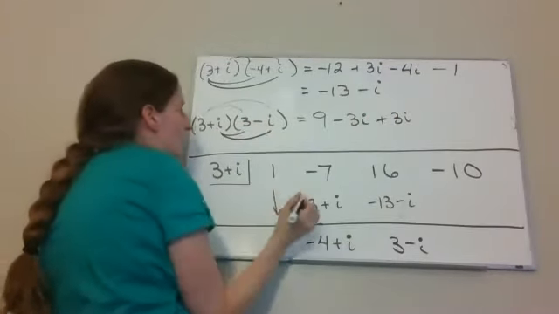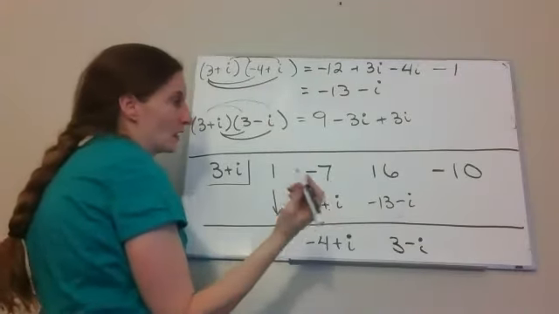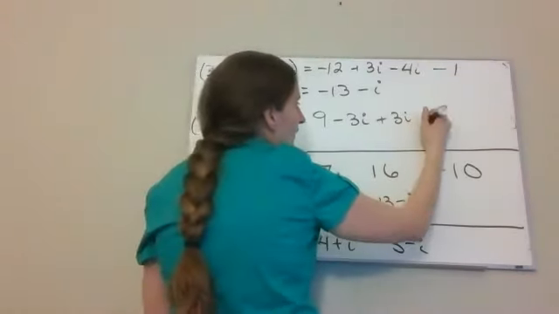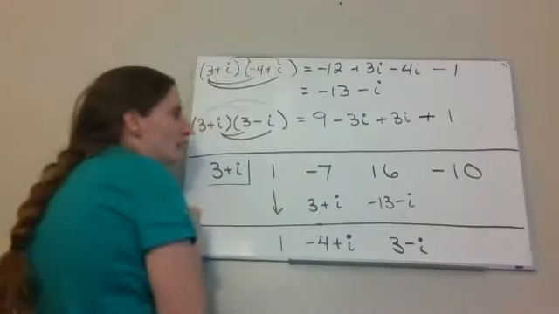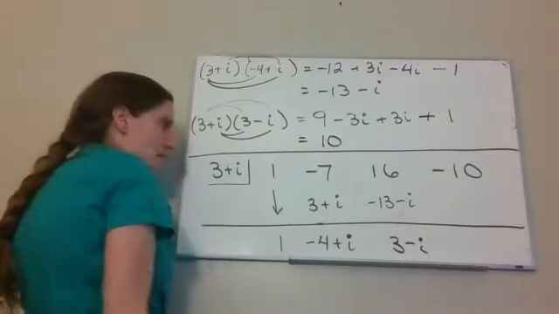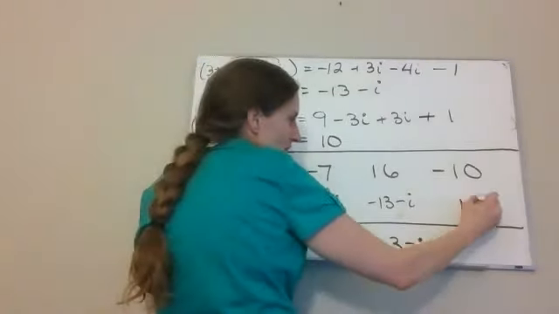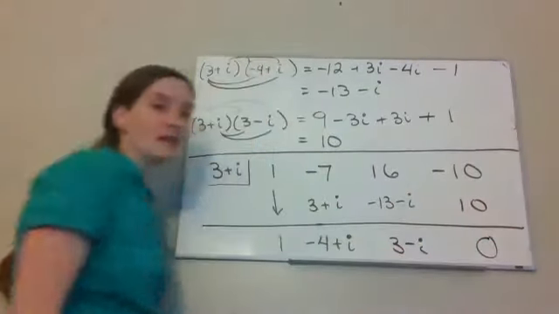And i times negative i is a negative i squared. i squared is negative 1, so negative negative 1 makes it positive 1. And I get that this is equal to 10. Write down your 10, add your column, we get 0.